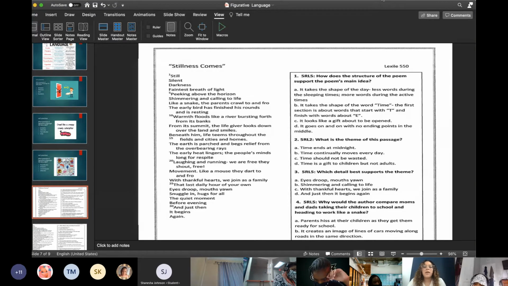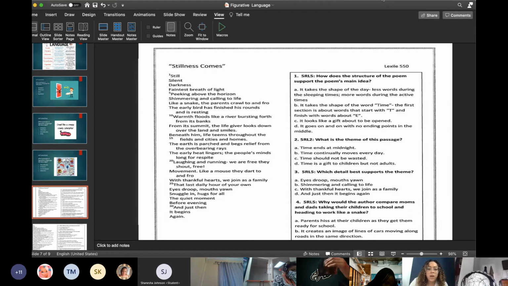From its summit, the life giver looks down over the land and smiles. Beneath him, life teems through the fields and cities and homes. The earth is parched and begs relief from the overbearing rays. The early heat lingers and the people's minds long for respite.